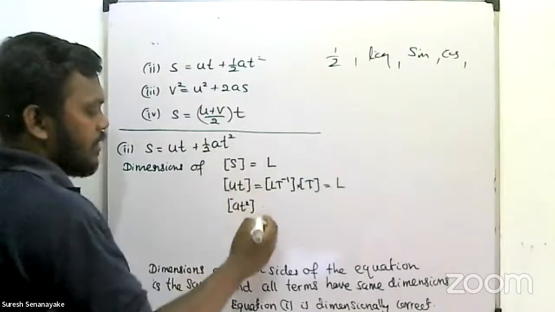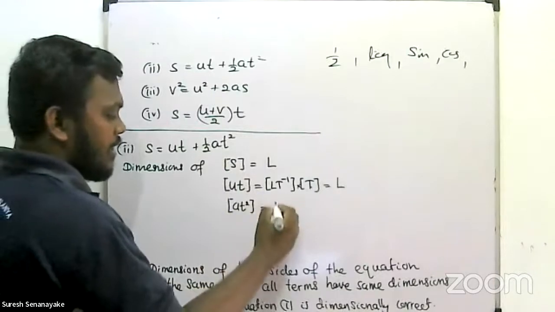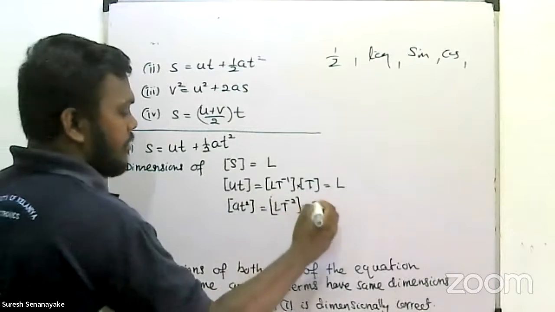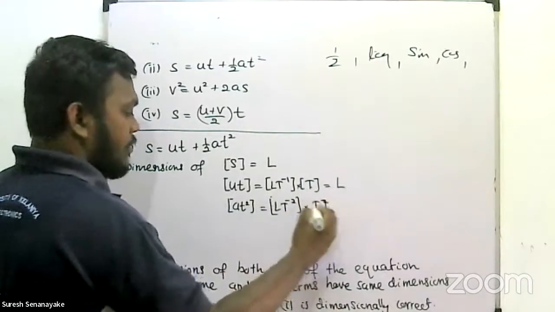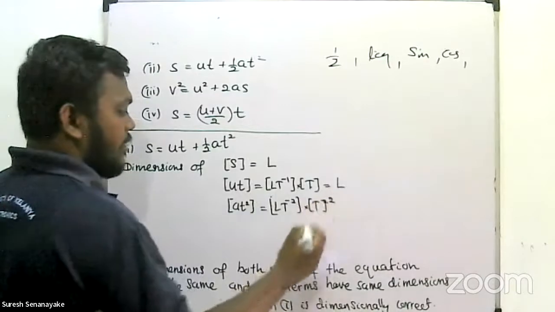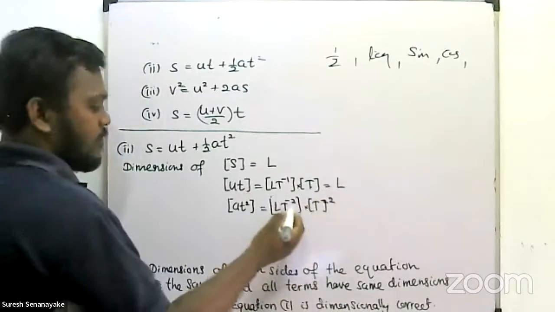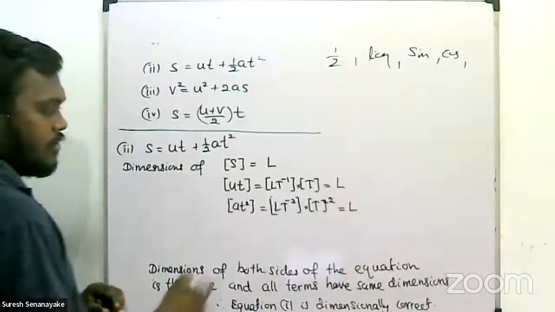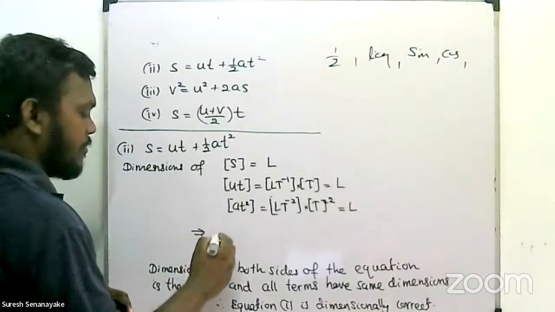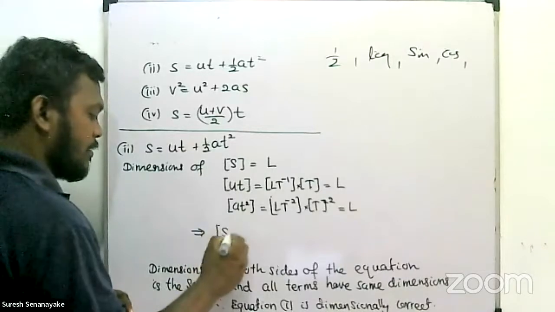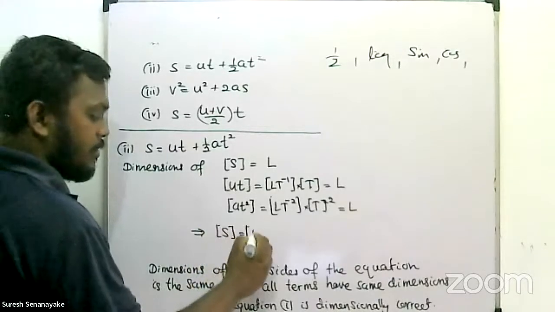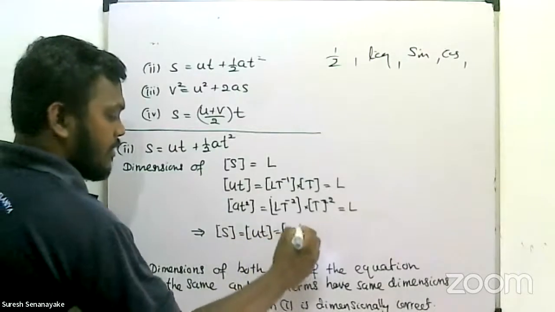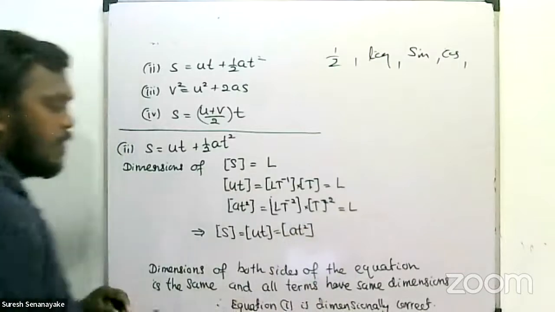At square term, only you consider it. Acceleration has a dimension LT minus 2. And the t square term has dimension T square. Dimension of t is the time, and square of it. This is T square and T minus 2, so we cancel and it's also L. So it implies that the dimensions of s, the dimensions of ut, and the dimensions of at square all have the same value.